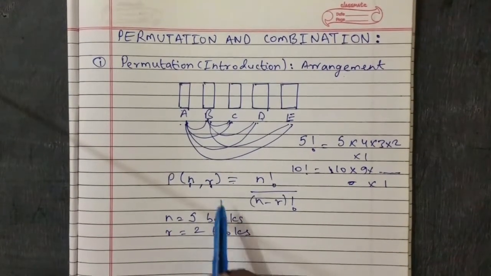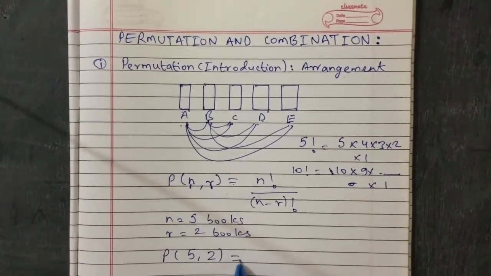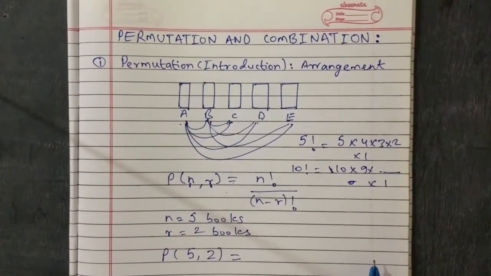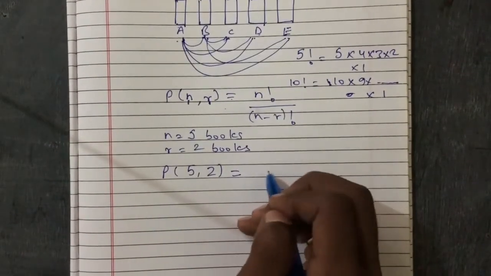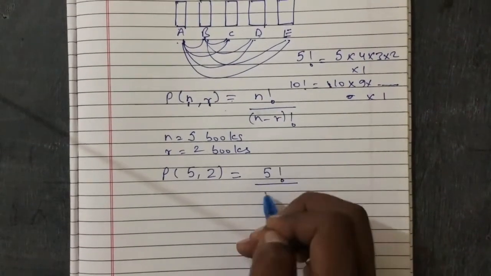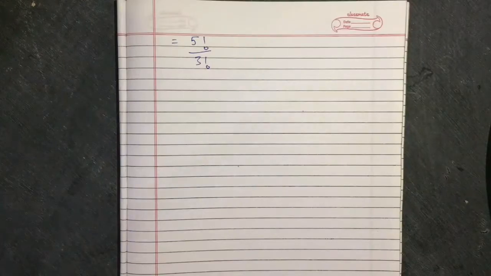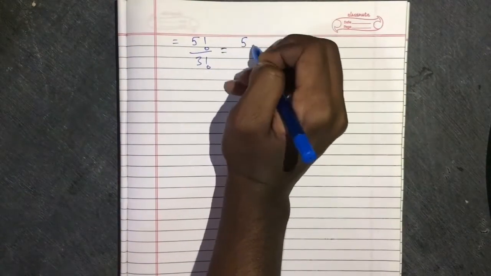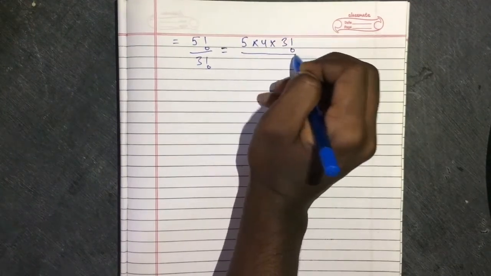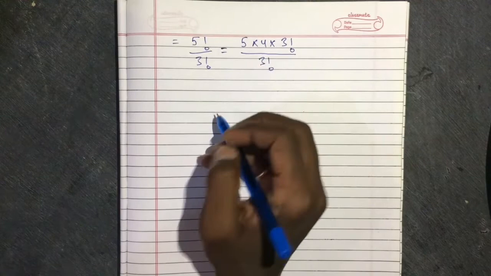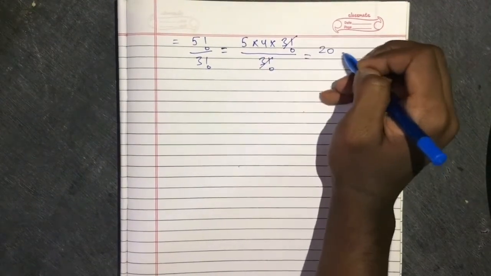Now let's plug into this formula. P(5, 2): we're trying to find in how many ways we can arrange 2 books out of 5 books, and this is equal to 5 factorial over (5 minus 2) factorial, and this is equal to 5 times 4 times 3 factorial over 3 factorial. 3 factorial cancels out, and we have 20 ways.